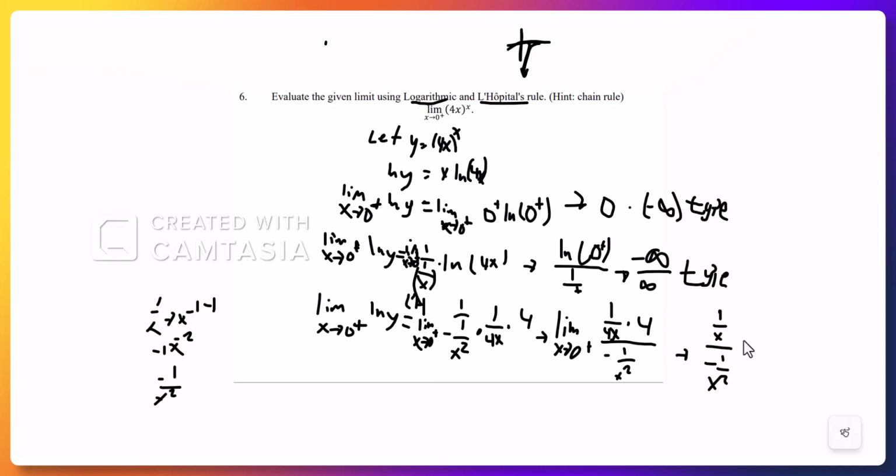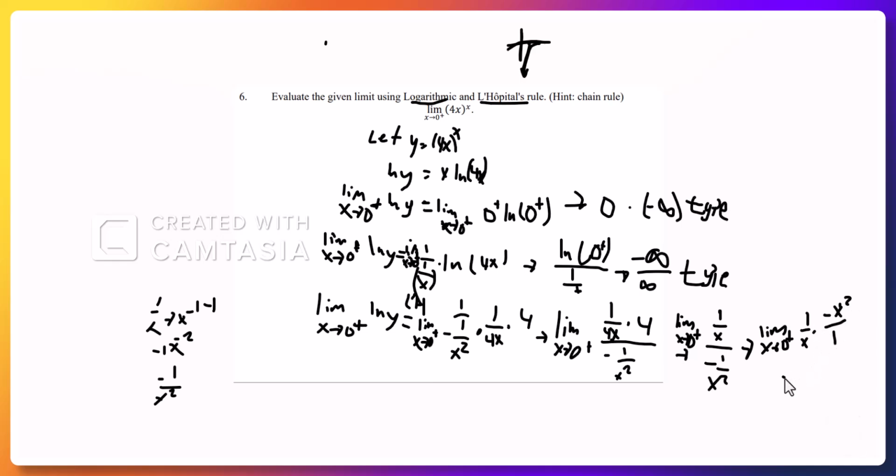If we do copy dot flip, and we carry the limit through all of the work, it's going to be the limit of 1 over x times negative x squared over 1.